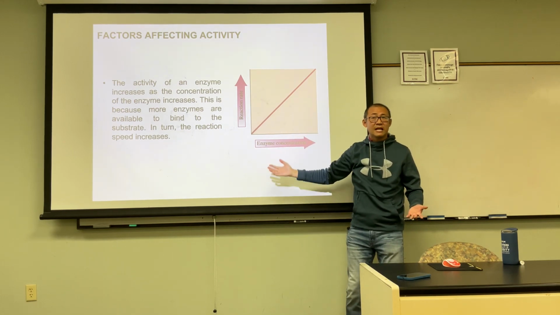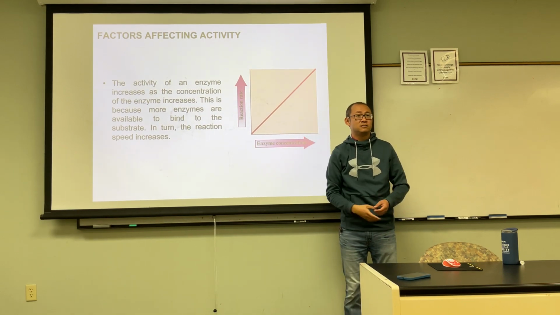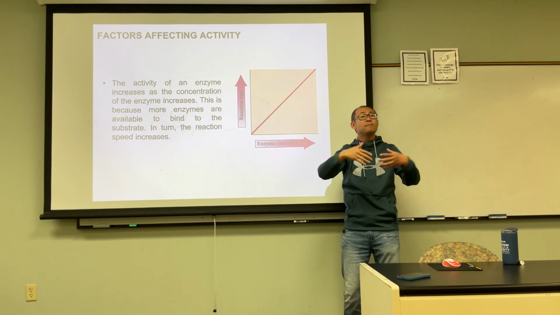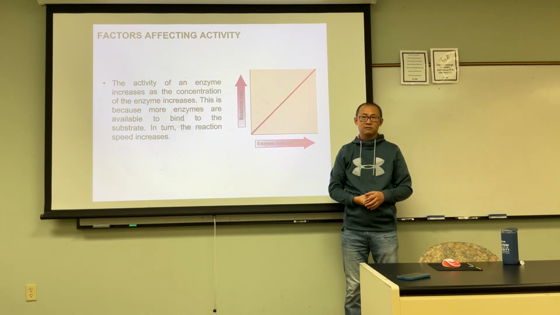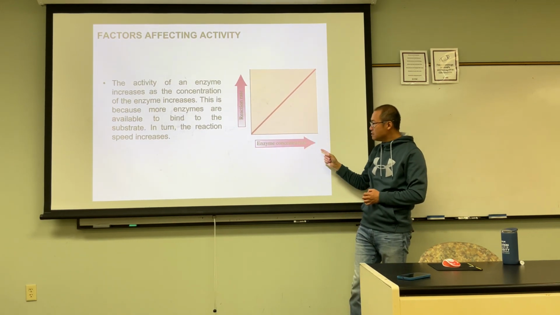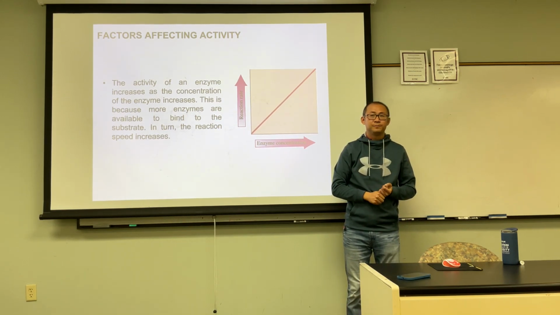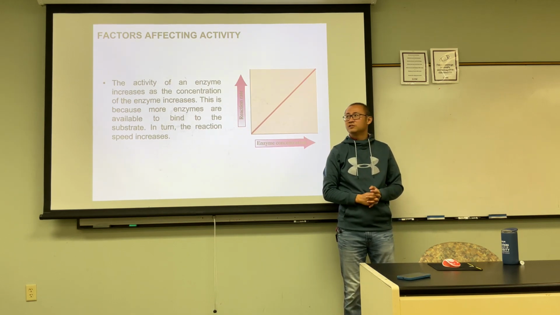It's very easy to understand because you have more enzymes to catalyze the reaction. You have an unlimited amount of seats, so anybody can come in to have the reaction done. So enzyme activity increases as the enzyme concentration increases. It is a straight chart.